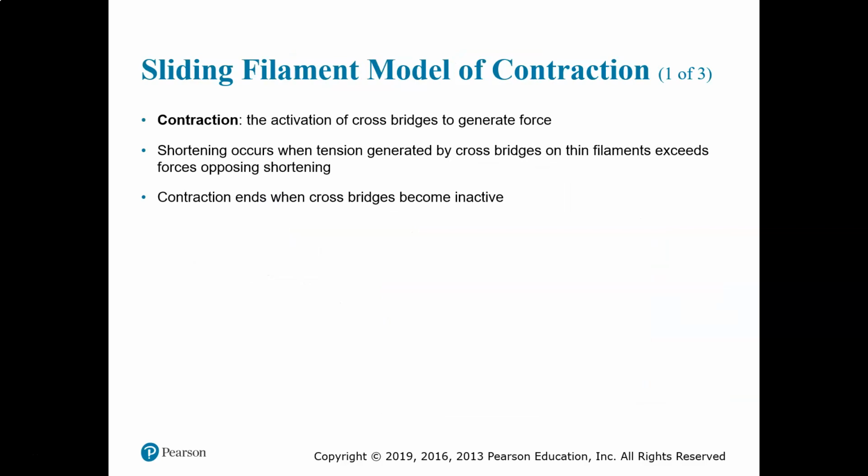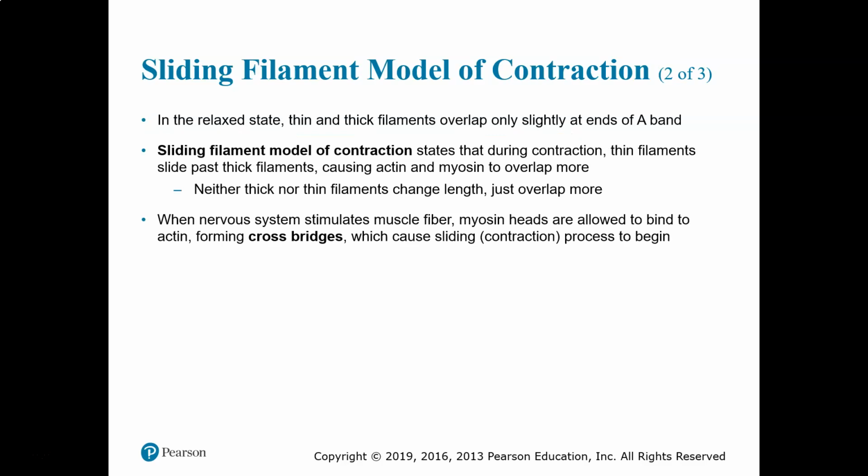Contraction is defined as the activation of cross bridges to generate force. So we're going to learn what these cross bridges are. We know they're formed by actin and myosin. And contraction is going to result in shortening of the muscle. We use the sliding filament model of contraction, which states that during contraction, thin filaments slide past thick filaments, causing actin and myosin to overlap even more than they already do.